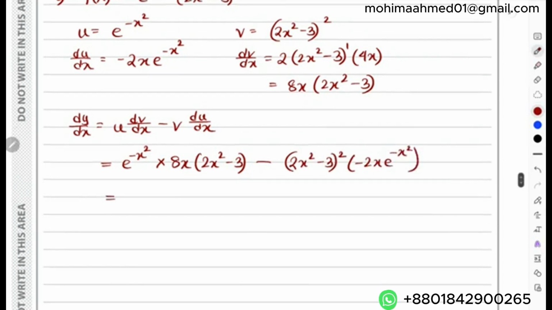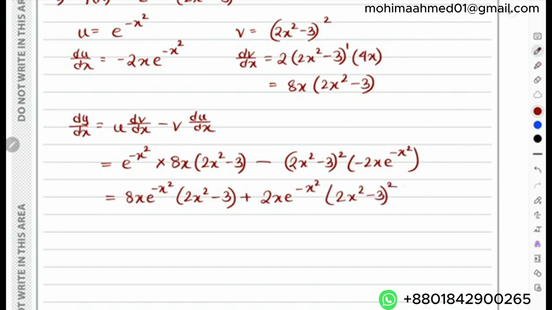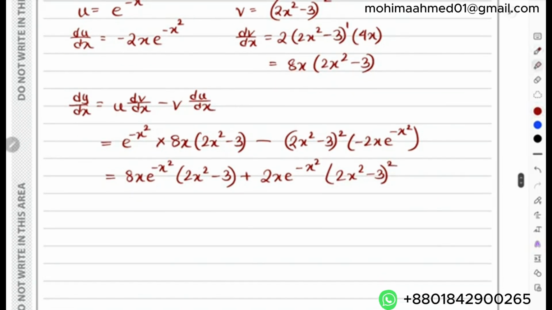Okay, so for this part, you end up with 8x e power minus x square, 2x square minus 3. And then over here again, you get plus 2x e power minus x square, and then again 2x square minus 3 square. So what you're supposed to do is take common factors from this part. You have x, and then 4 and 2 and 8 can also be taken in common, so they have common factors.